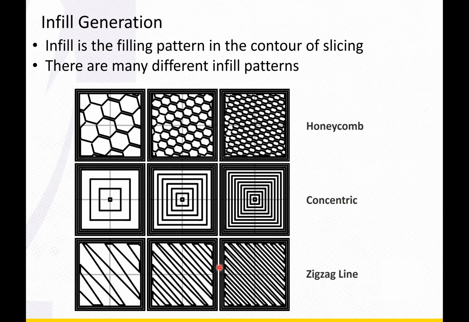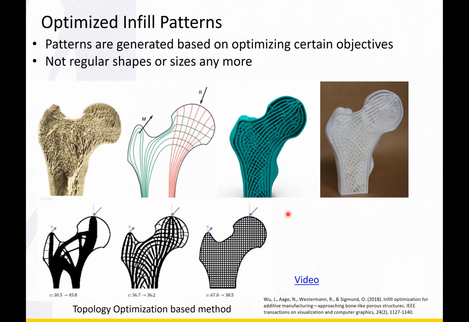People try different patterns, and these patterns could affect the material properties, the mechanical properties of the printed objects. And actually, there's some new effort recently trying to generate optimized infill patterns using certain optimization algorithms, the topology optimization-based algorithms.